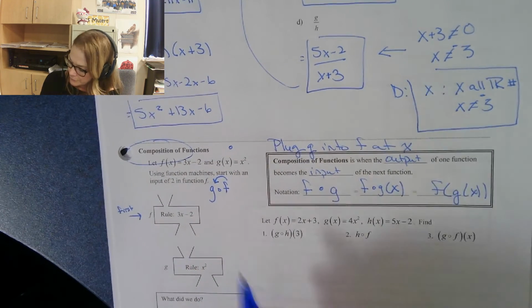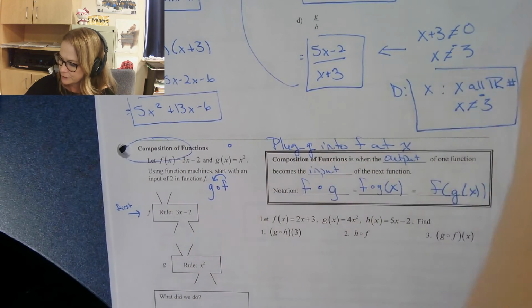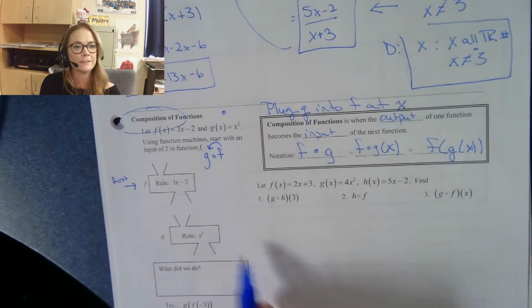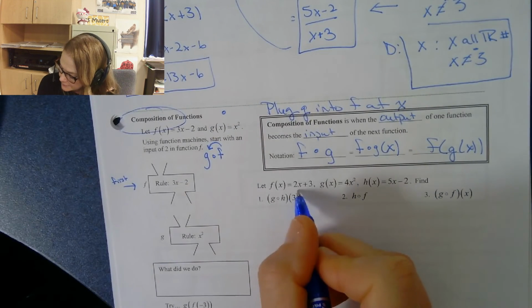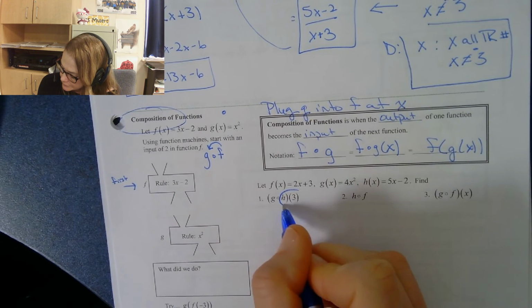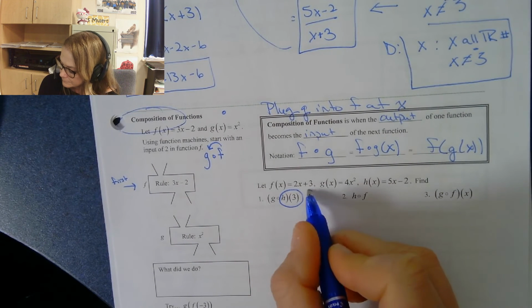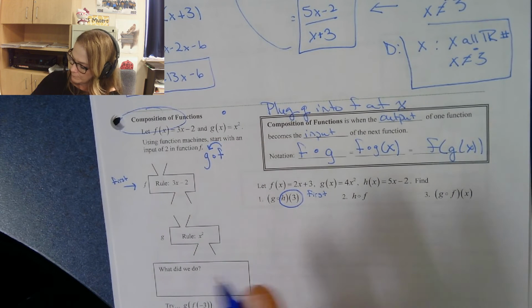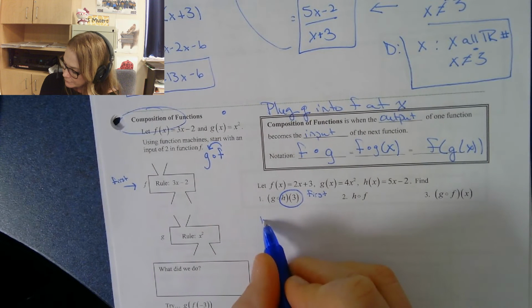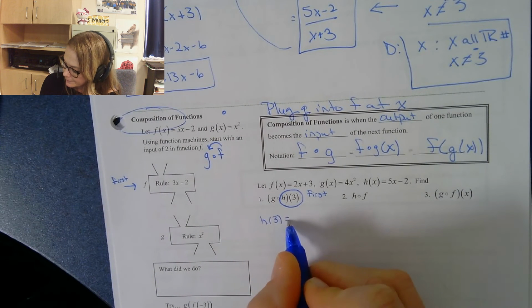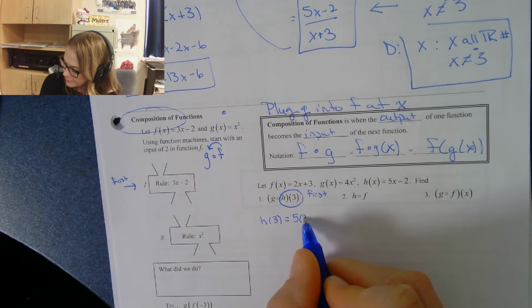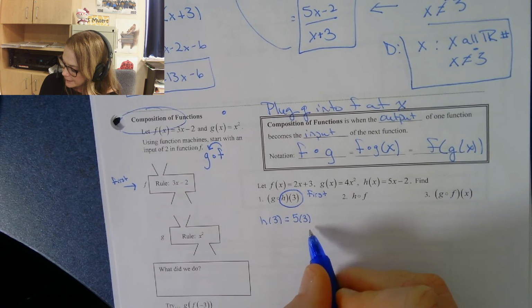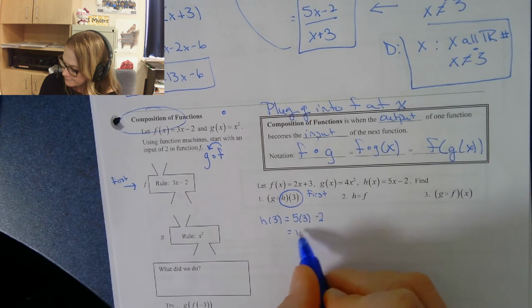So actually, let's save this function machine until I go over here. Let's do this one first, okay? So you do the one more to the right first. So h of 3 is 5 times 3 minus 2, which is 15 minus 2.